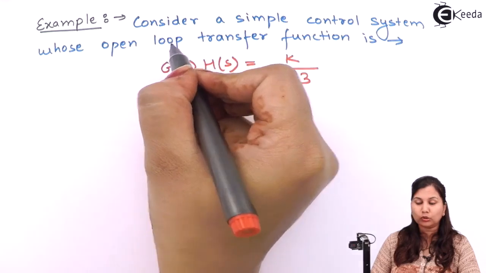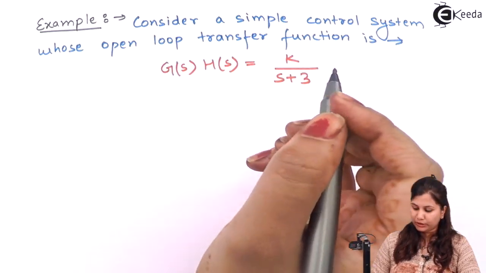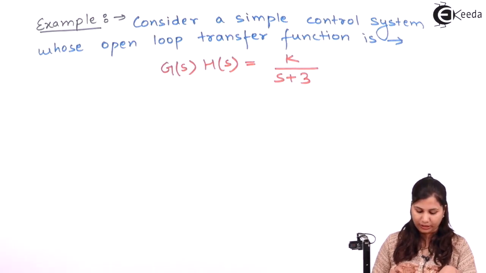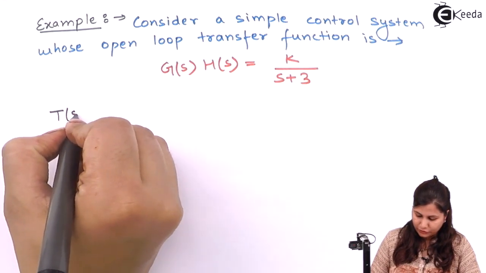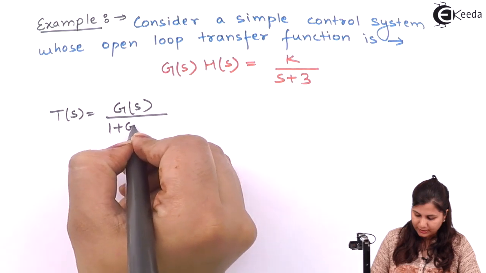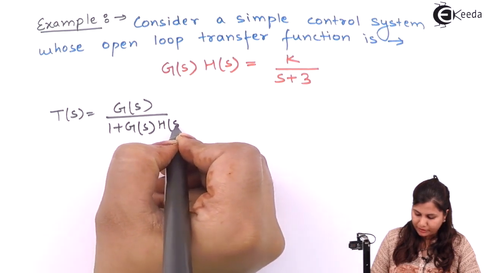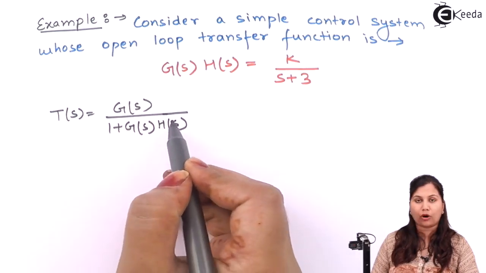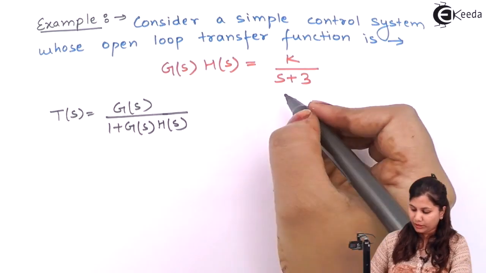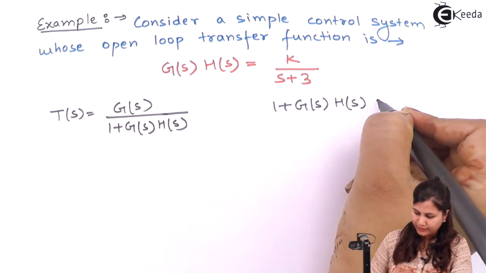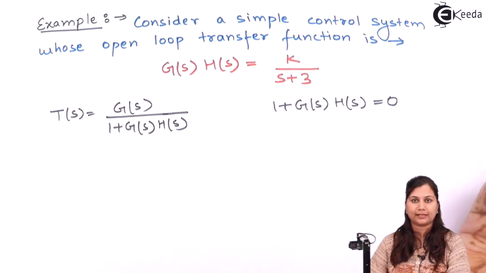Here we are given the open loop transfer function, so let us determine the characteristic equation of the system. The closed loop transfer function will be T(s) equals G(s) upon 1 plus G(s)H(s), and from here we can get the characteristic equation by equating the denominator part to 0, that is 1 plus G(s)H(s) equals 0. This is the characteristic equation.